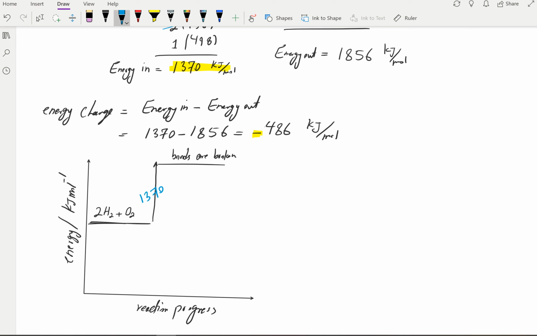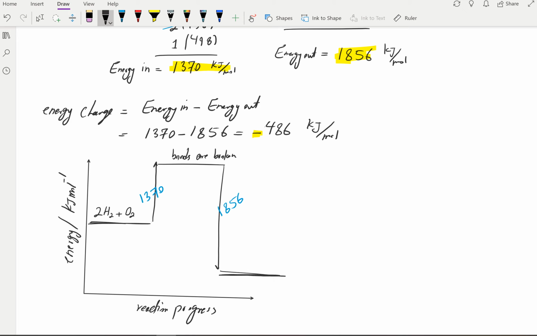After we broke the bond, the new bond forms and it releases 1856 kilojoule per mole of energy. So it releases more energy than we used for breaking the bond. The amount of energy which is released is 1856, and you can see that the energy level of the products is less than the energy level of the reactant.